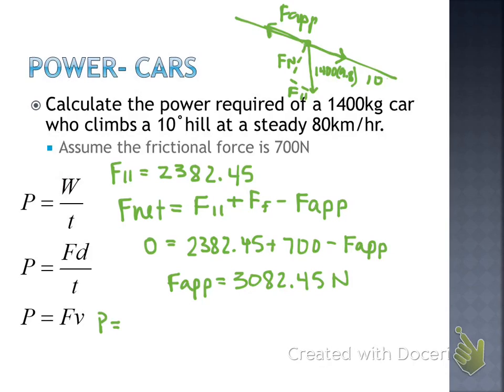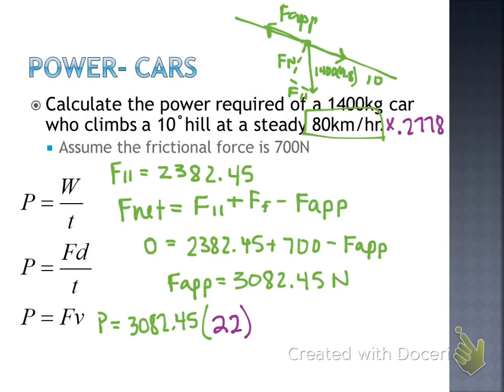So power equals 3082.45 times our velocity. What's the problem with our velocity here? We've got to change it, right? It's got to go from kilometers per hour to meters per second. So times 0.2778. Right, that's our shortcut. And I think that comes out about 22 meters per second.